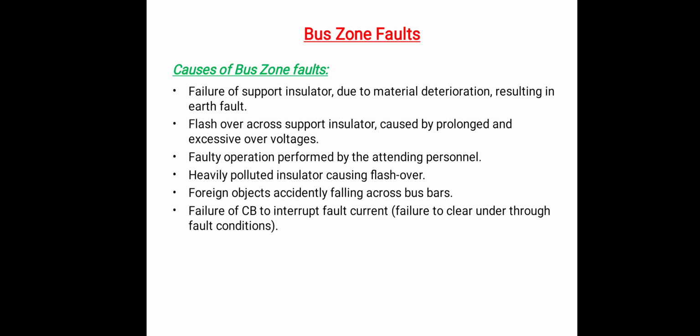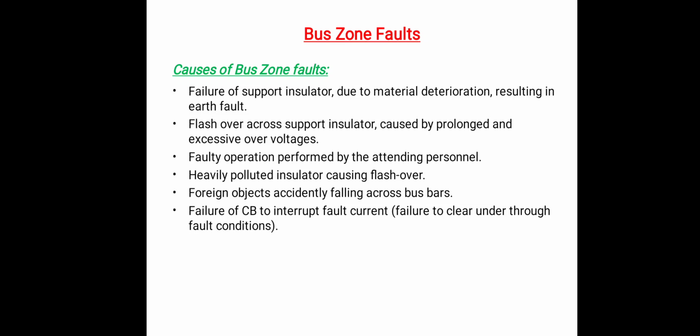The causes of this type of faults are basically the failure of support insulator, flashover across support insulator, faulty operations performed by the attending personnel, foreign objects accidentally falling across the bus bars, and failure of circuit breakers to interrupt fault current or failure to clear under through fault current. That means the circuit breaker will not operate properly. These are the basic causes for bus zone faults.